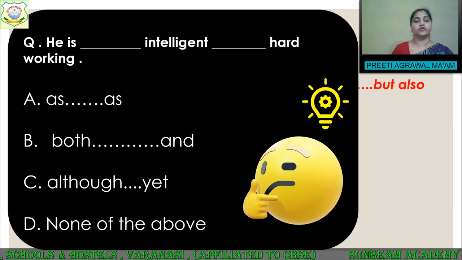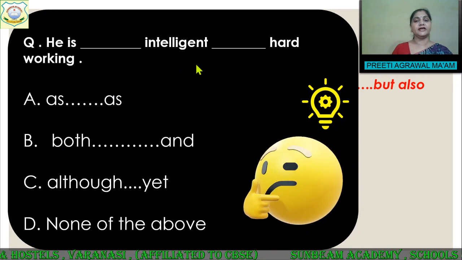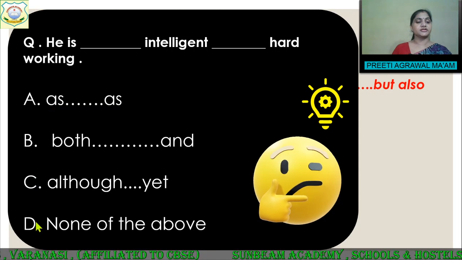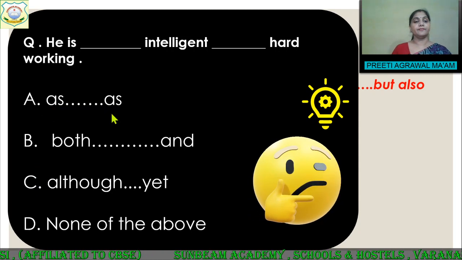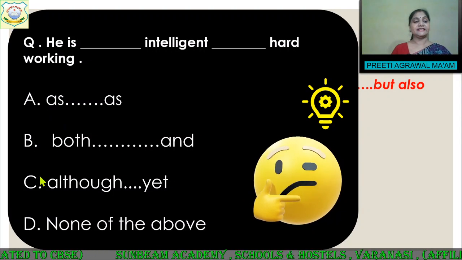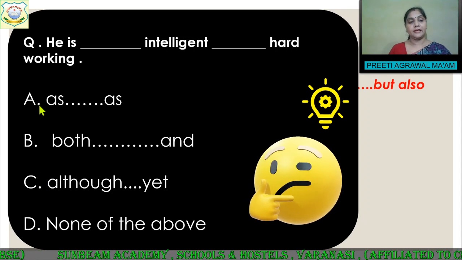This is a question for you. He is, okay, here is a gap. Intelligent, again gap. Hard working. Now there are 4 options. Out of these 4, think which one will be correct. A, B, C, D. Which one you think is correct?